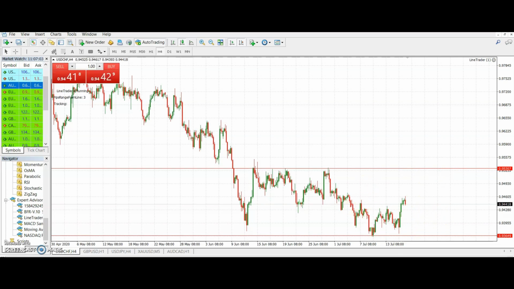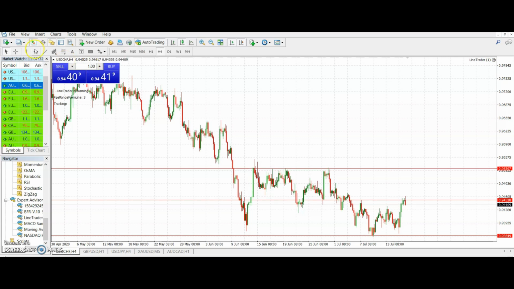If price is here, I would want to sell. But then you might find the price is at this point when you do this analysis. So you'd want something to notify you without sticking to the charts for a long time. This is the purpose of this line trader.